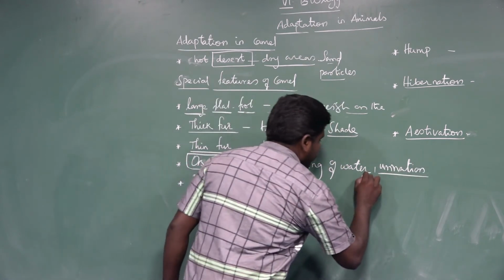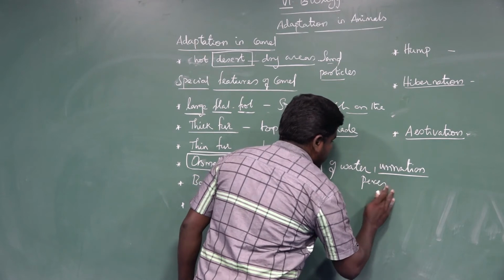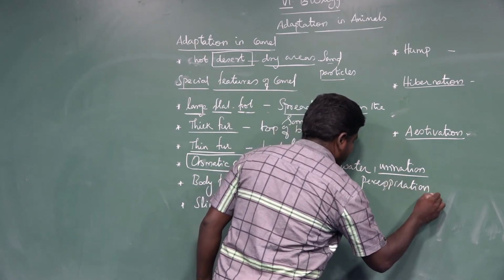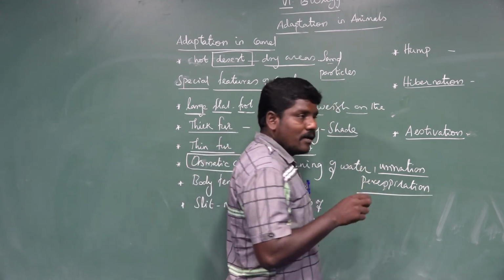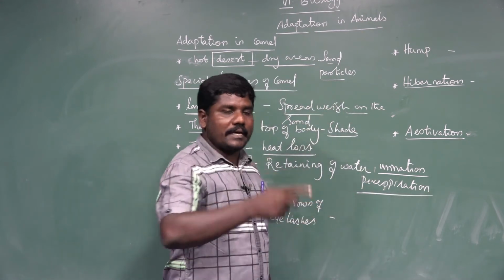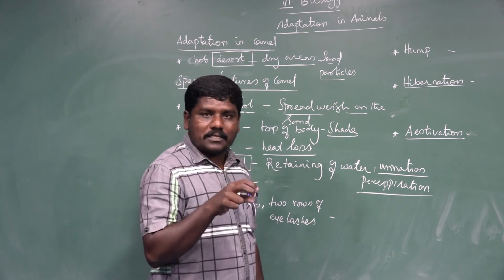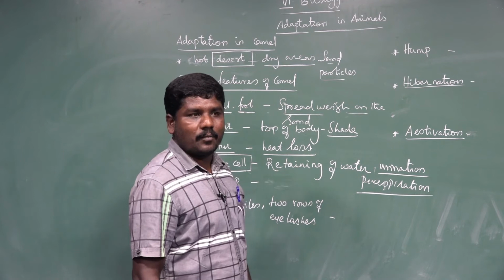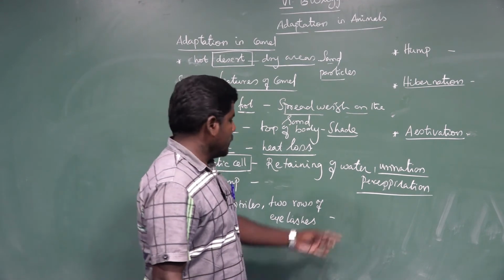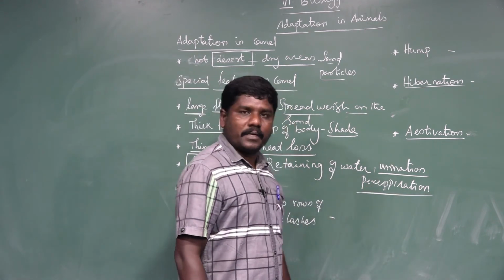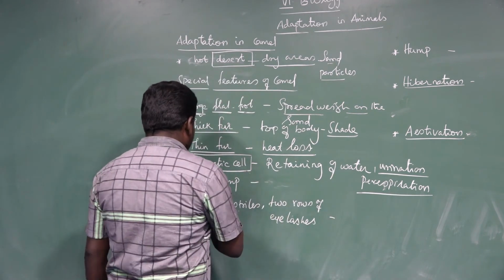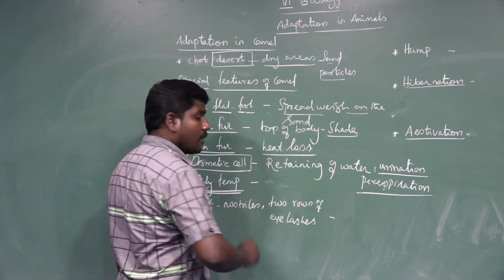And then respiration: during respiration, only a little amount of moist air is eliminated. This moist air contains only a little amount of water. So that is on respiration. At the same time, the ability to tolerate body temperature.